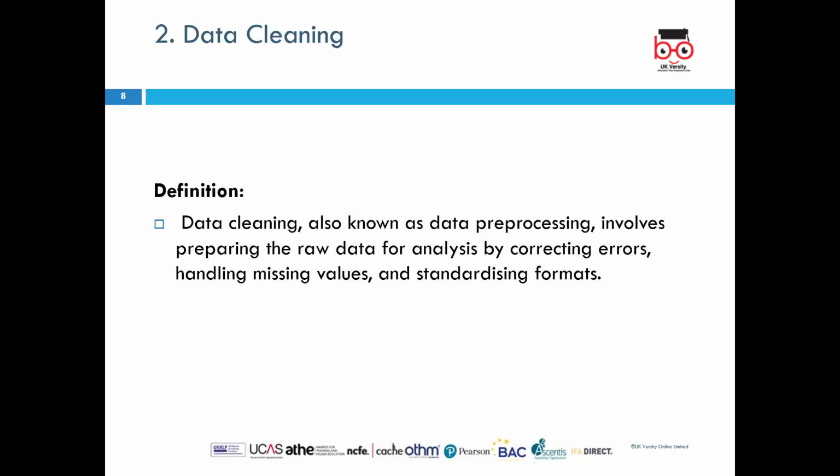Second phase is data cleaning. Once we've been able to extract our data, we now have cleaning, which is also known as data processing. This simply involves preparing our raw data for analysis by correcting the errors.